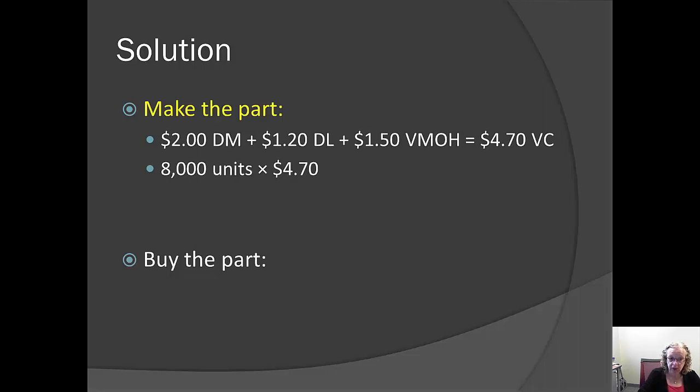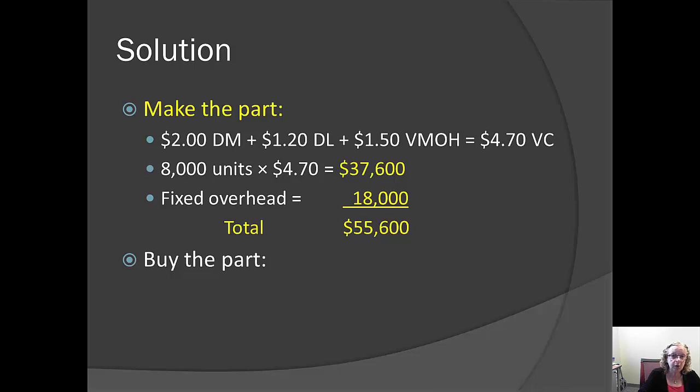At 8,000 units, that means our variable costs would equal $37,600. In addition, we have to incur $18,000 of fixed overhead, bringing the total to $55,600.